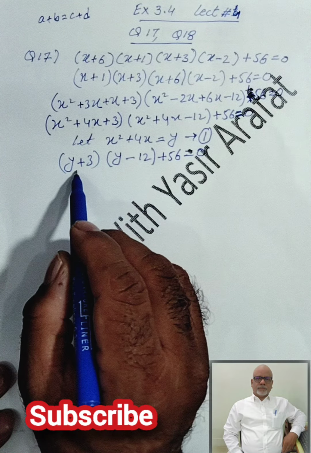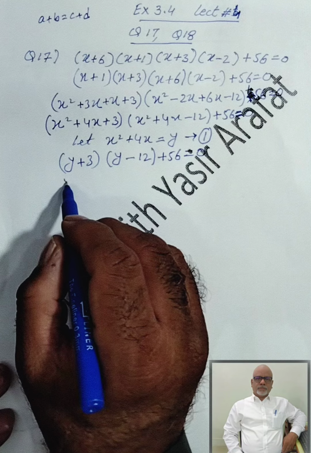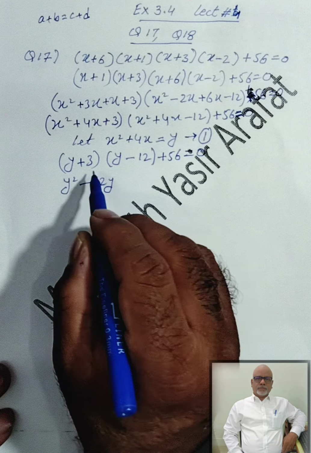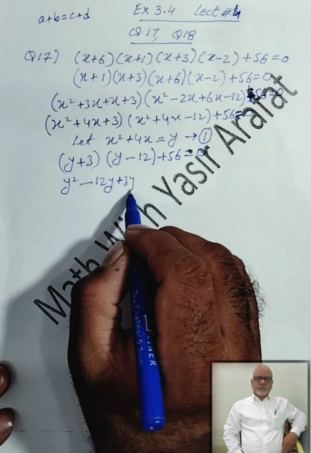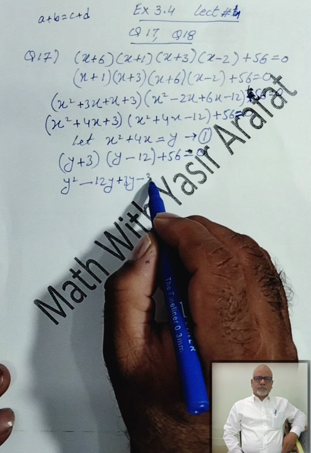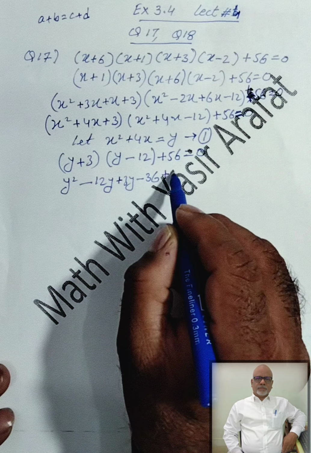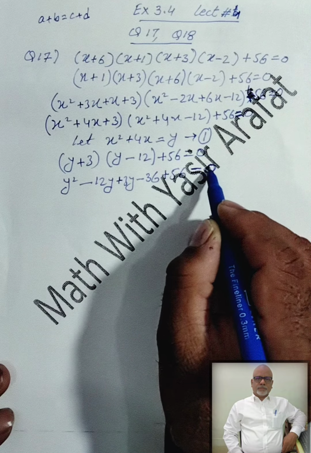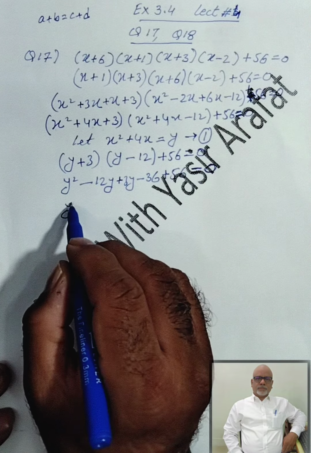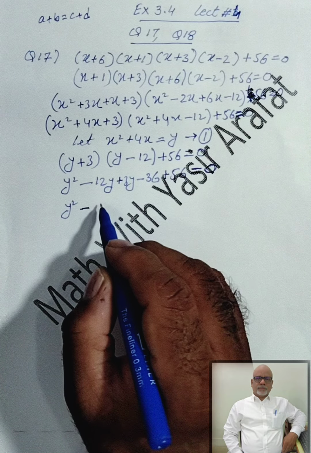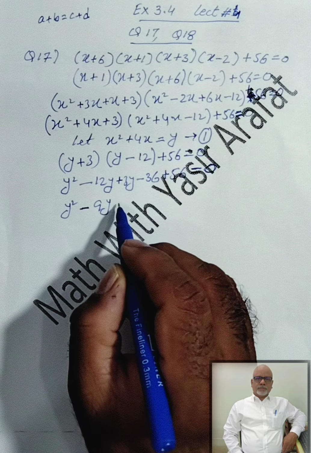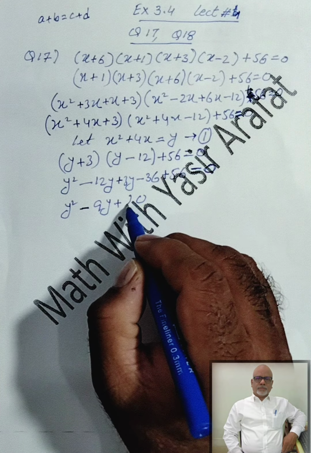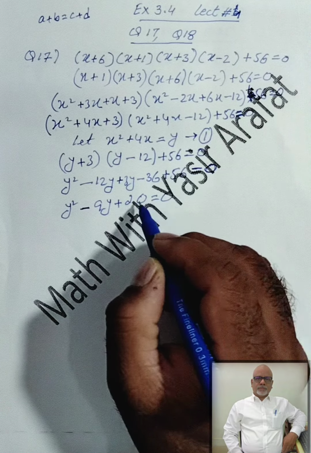Now we have to perform the multiplication of these two brackets. y multiplied by y is y square, y multiplied by minus 12 is minus 12y, 3 ones are 3y, and 3 times minus 12 is minus 36, plus 56 equal to 0. So this is y square minus 9y plus 20 equal to 0.